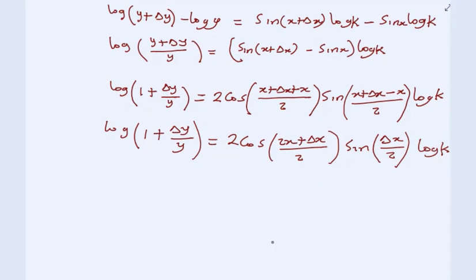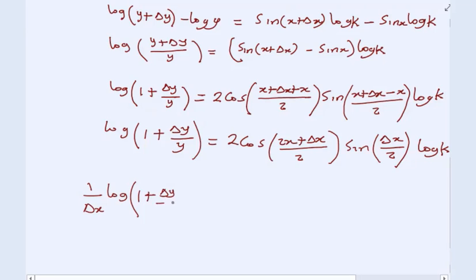So after that, don't forget, the next thing is to divide through by delta s. This one will become 1 over delta s log of 1 plus delta y all over y is equal to, all these ones 2 divided by delta s, but I'm going to write it this way, 2 cos.